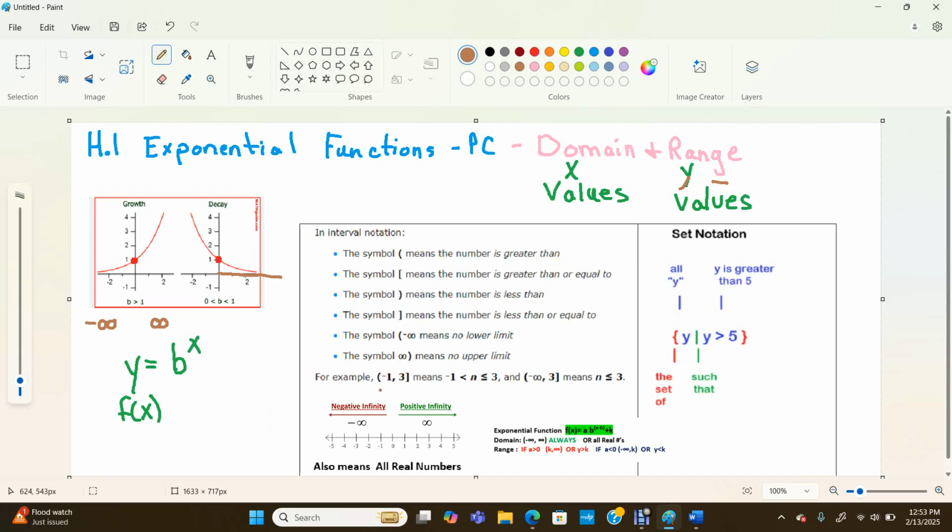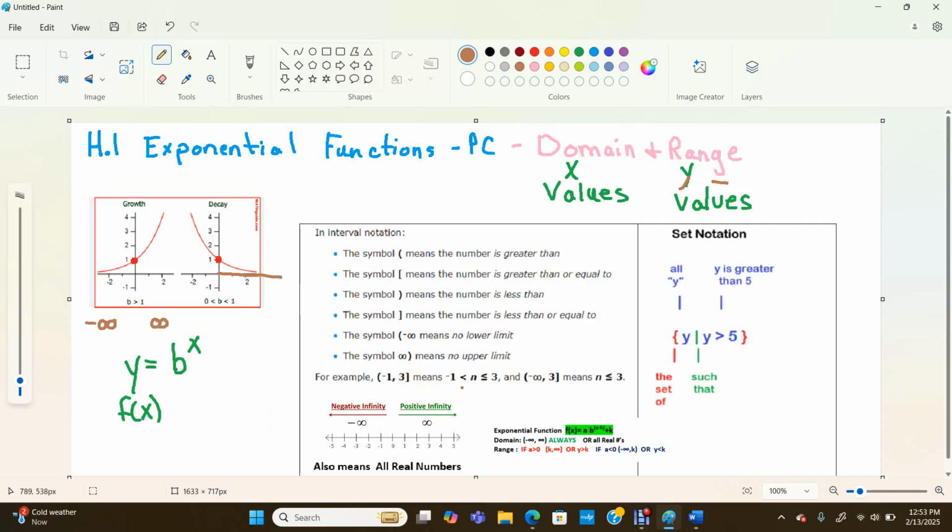Such as in this example, the range right here is showing us that it starts at, gets really close to -1, but that value is not included. And then it goes all the way to the value of 3. This bracket here means that that 3 is actually included in that.